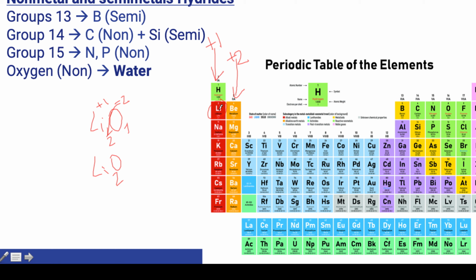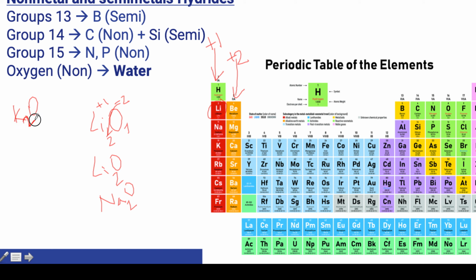So sodium oxide will be the same. Potassium oxide, potassium, two atoms and then an oxygen. So it will always be the same. Potassium oxide, rubidium oxide, cesium oxide, francium oxide, all of them with a 2.